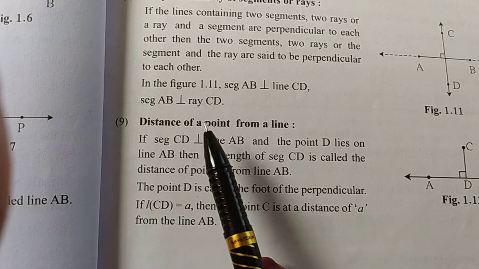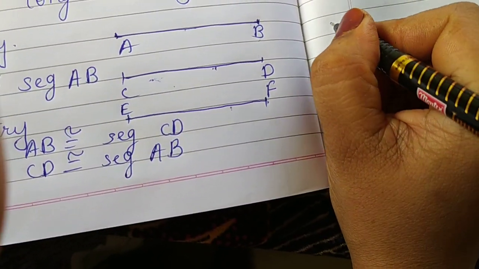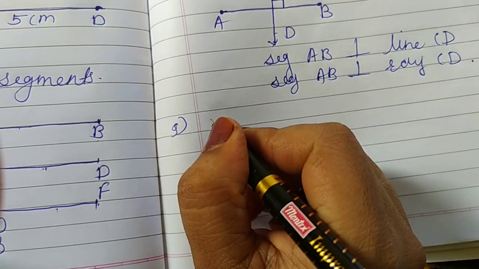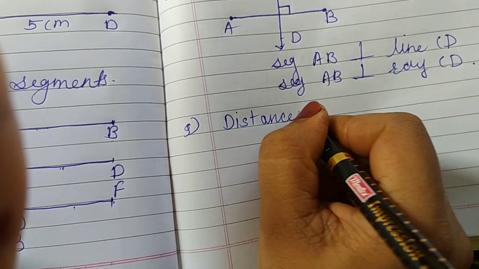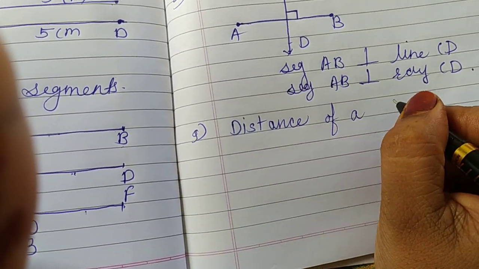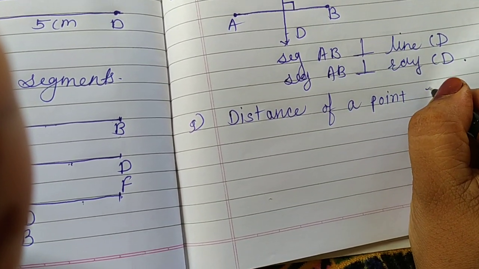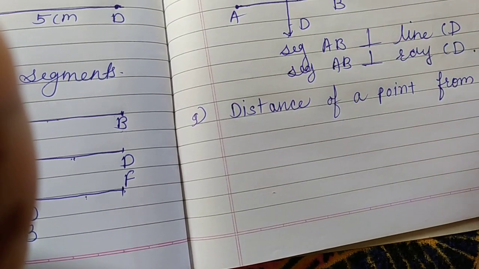Last thing, we have to take distance of a point from a line. So we'll see the 9th point, distance of a point from a line.